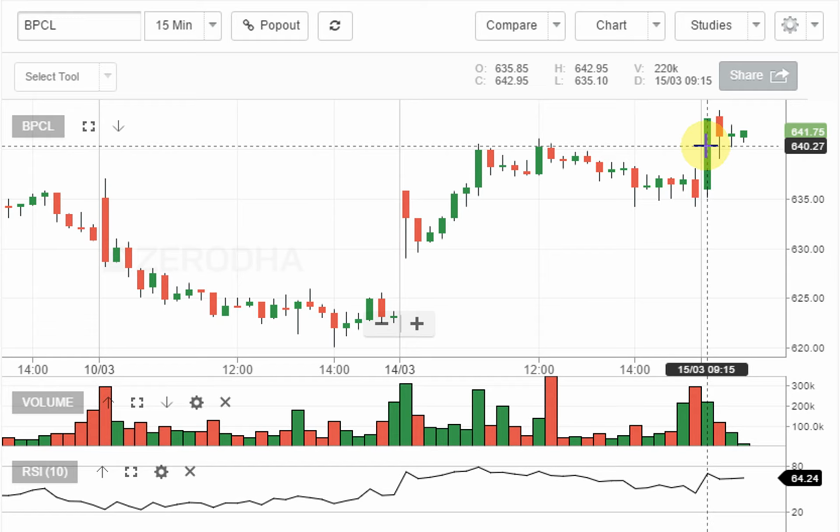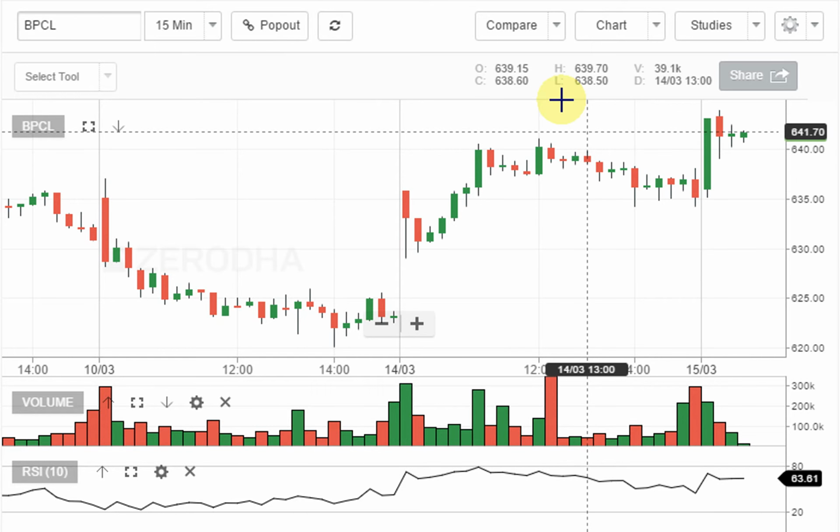Again, 4 points down. We'll be waiting for that at the 290 level. BPCL good, 141.8. So here we are earning somewhere around 100 rupees. For an example, I'm just giving you in 100 quantities. But we trade in futures and options, where the lot size will be greater than this. This is in small quantities, just for an example.